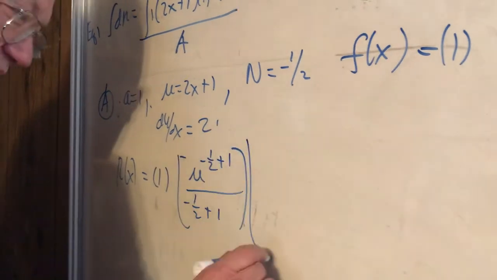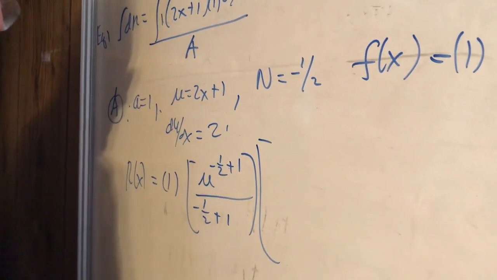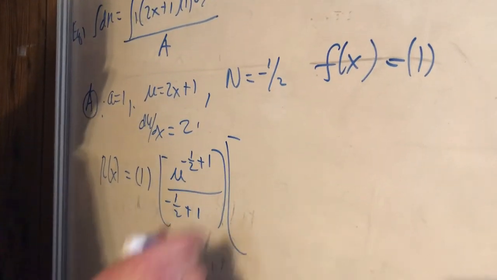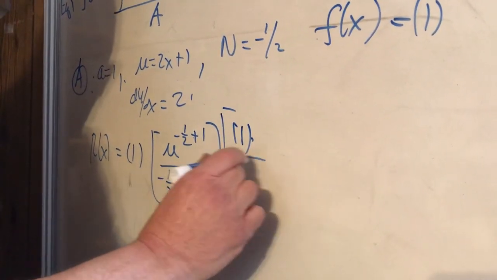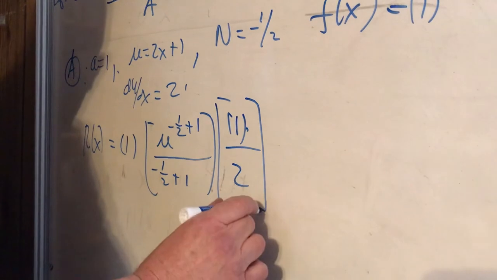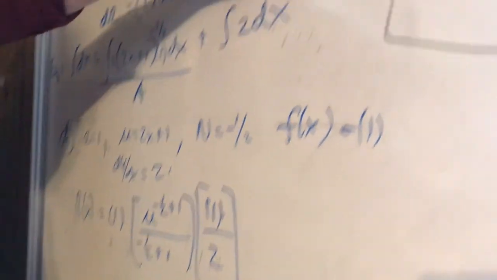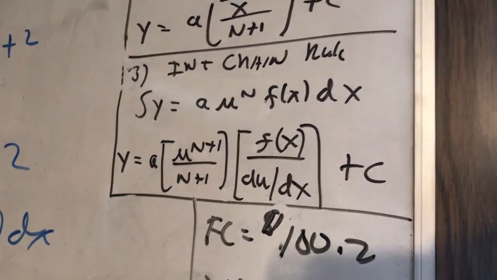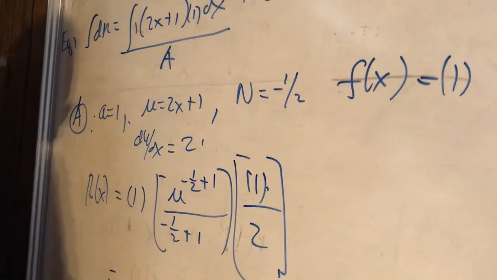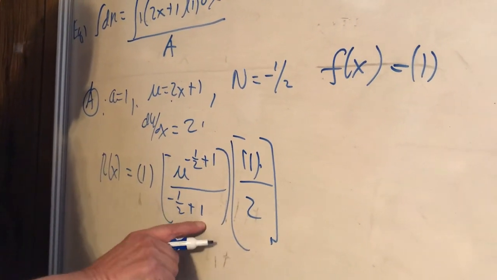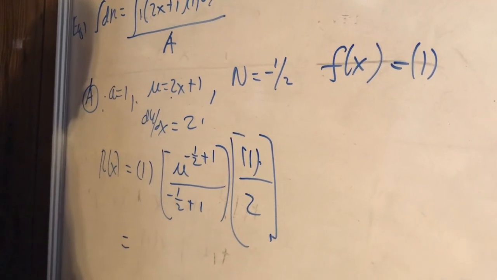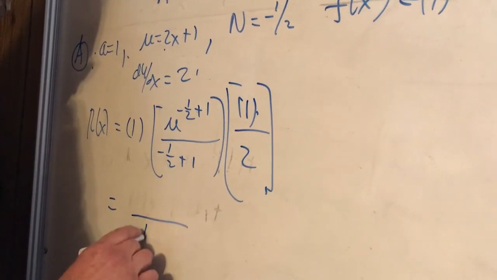Okay. And f of x is going to be 1, and du/dx is going to be 2. That's right from here. So this becomes, let's bring back the u. This is minus 1/2 plus 1, which is 1/2.